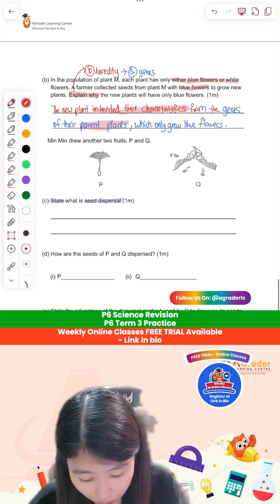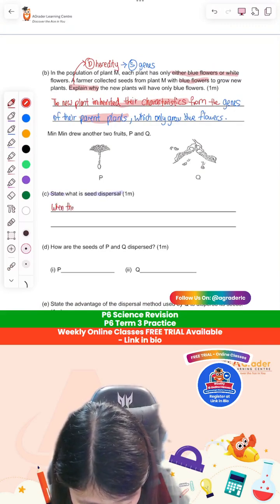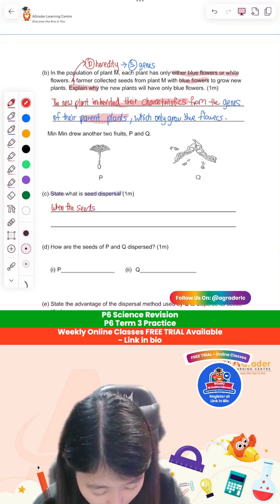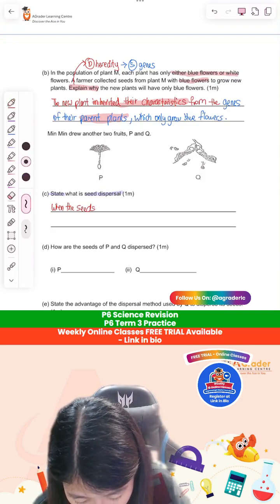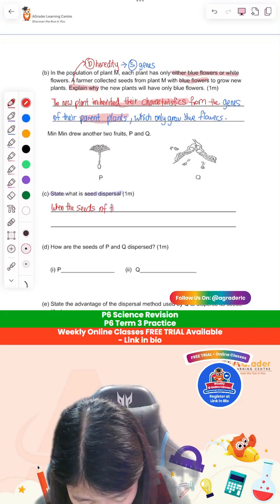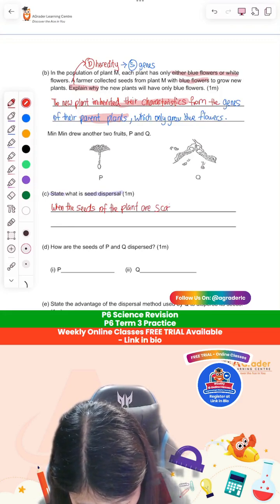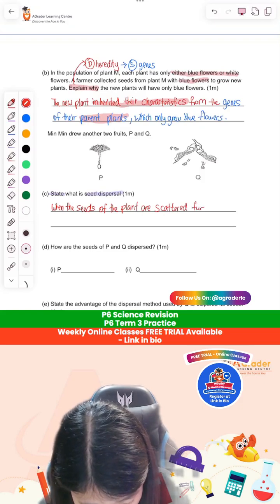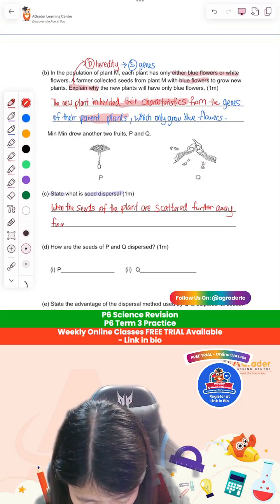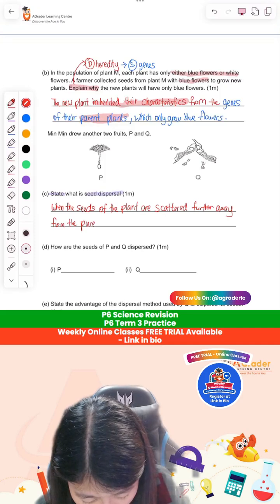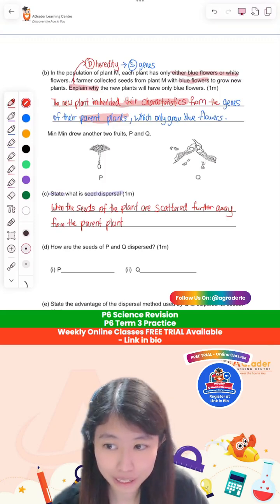All right, you have to say that it is when the seeds of the plant are scattered further away from the parent plant.